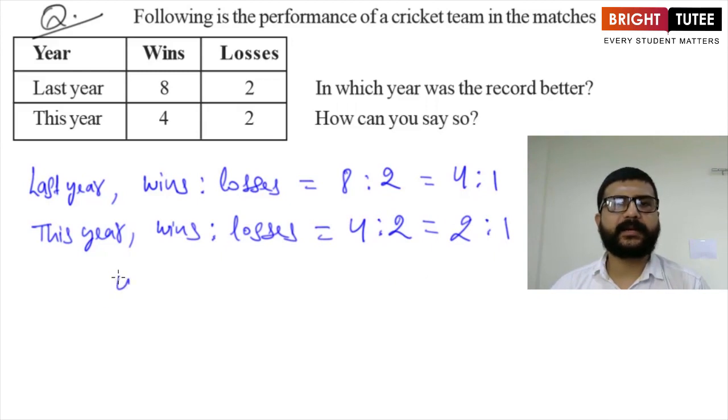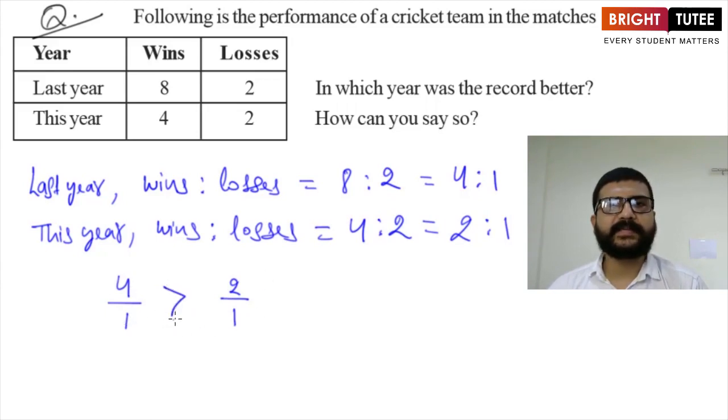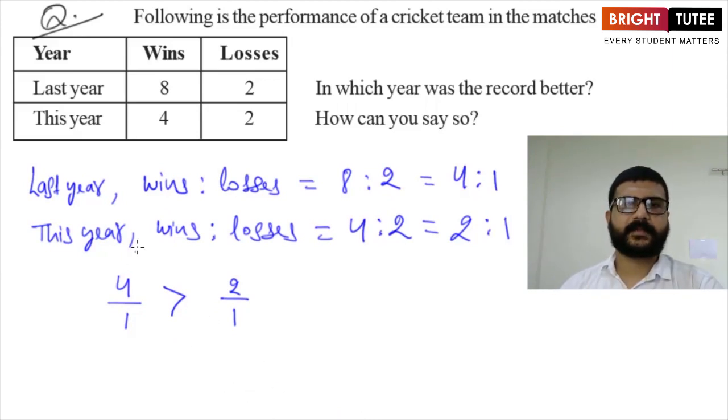Now what do you think among these ratios, 4/1 and 2/1? Which one is the greater one? As we can see, 4/1 is greater than 2/1. So it means performance in the last year was better. Hence, by comparing these two ratios, we can say that the team performed better last year, or the team's record was better last year.